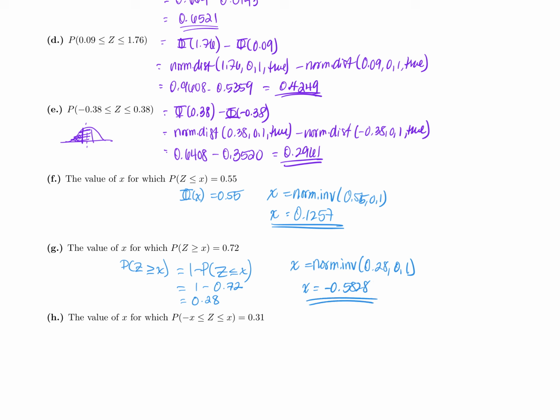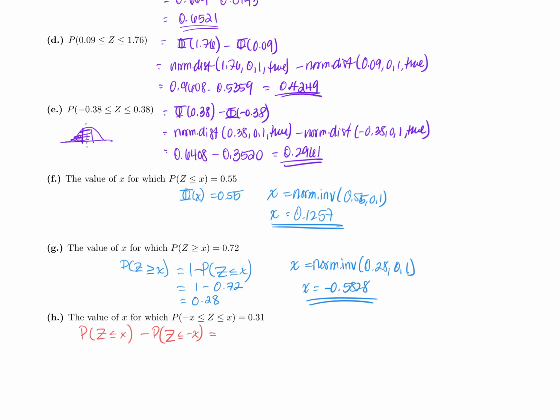And the last one gets kind of interesting because we want to know the value of x for which the probability that z is between negative x and positive x is 0.31. So this is going to be interesting. We have to do a little bit of legwork first. So we have the probability of z being less than or equal to x minus the probability that z is less than or equal to negative x.